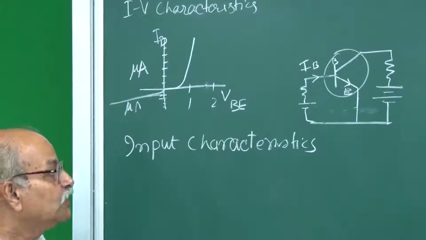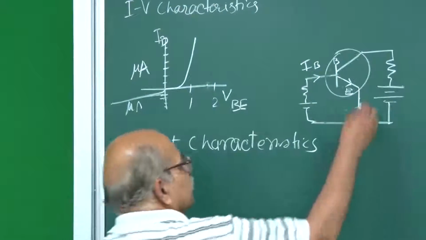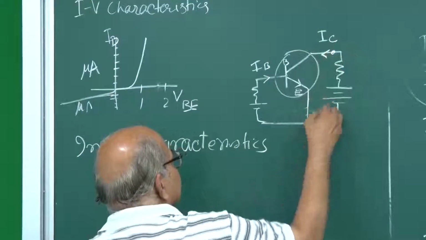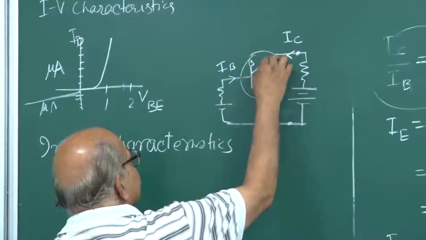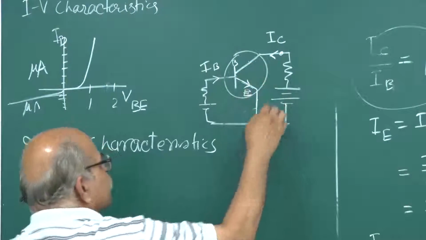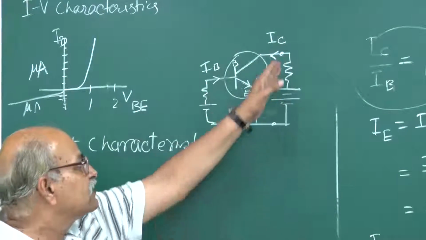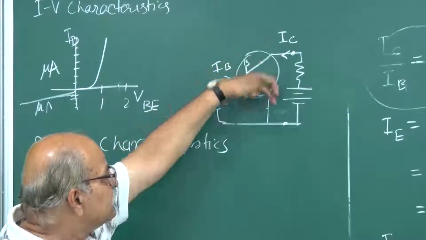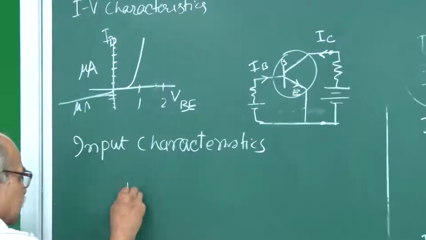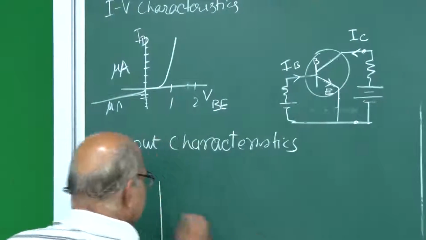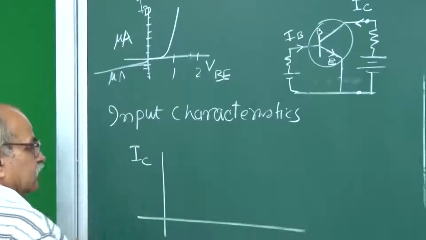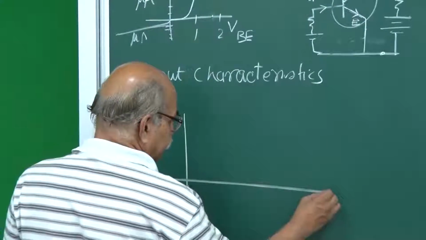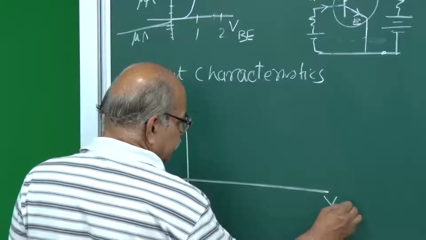You also have output characteristics, and what will that be? The current is IC, and then this VCE. Since we are controlling this potential difference, we are not writing VCB, we are writing VCE. So you draw curves of this collector current IC against VCE.